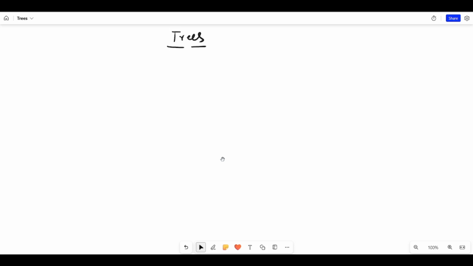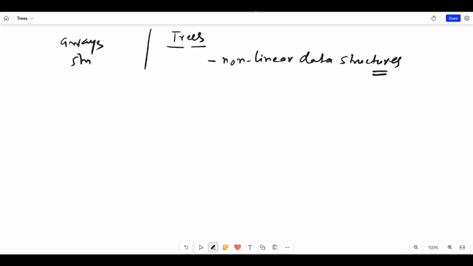So what are trees? Trees are basically non-linear data structures. As we all know, we have linear data structures, which include arrays, strings, linked lists, stacks, queues, and so on.